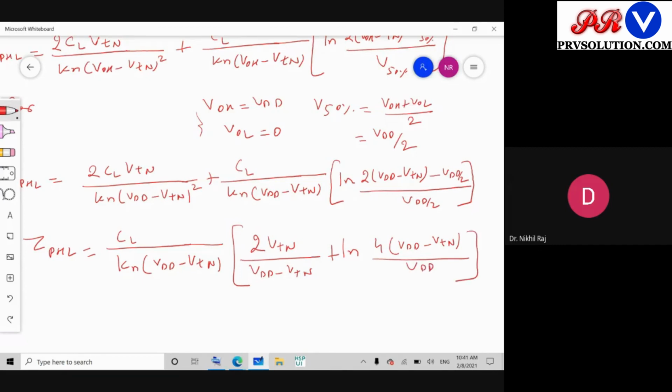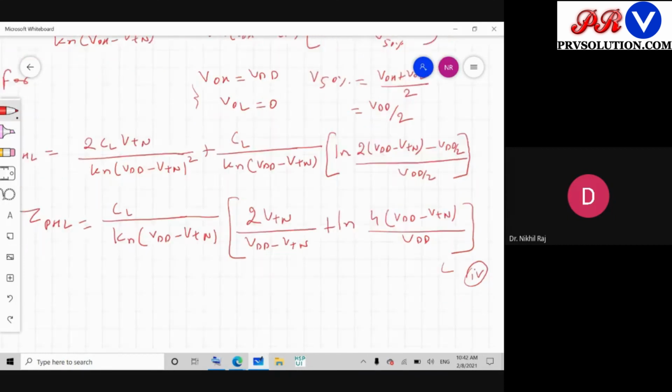So this is my TPHL equation. VDD will cancel. This is fine. So this is my equation number, let's say, 4. So this is my TPHL equation.